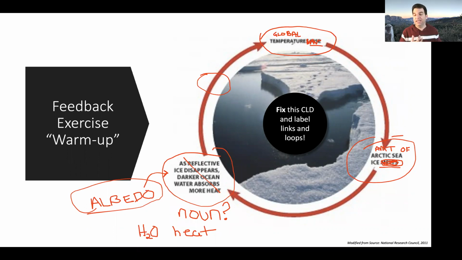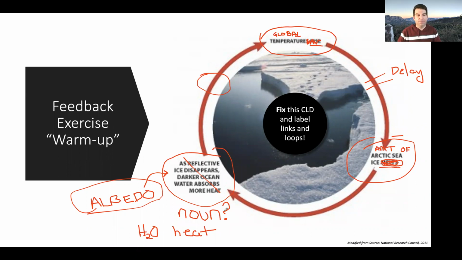The reason it comes out negative is that if we get an increase in global temperatures, then relative to where temperatures were, we would expect a decrease in the amount of sea ice. Now that might take some time, so maybe I'll write delay out here. So if I get an increase in global temperatures, then after the time it takes for the ice to melt, I'm going to get less ice. And so I have a negative there.